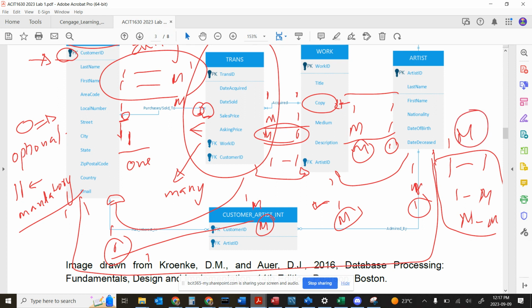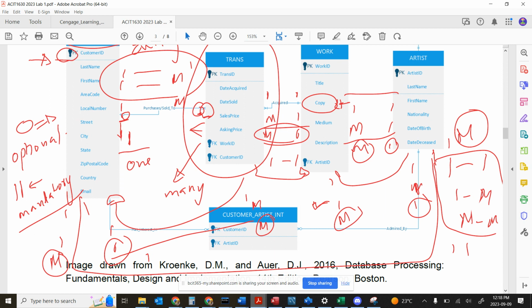So it is many in that corner. Now let's look at it from right to left. One artist will be admired by one customer, right? Or one artist will be admired by many customers. So the relationship becomes many to many.